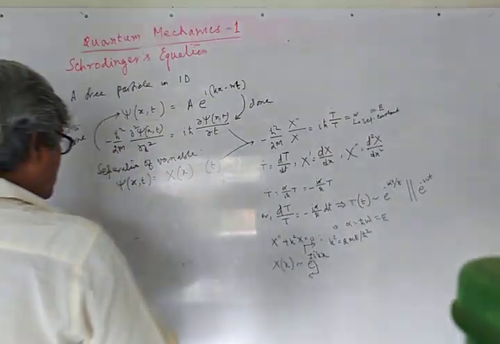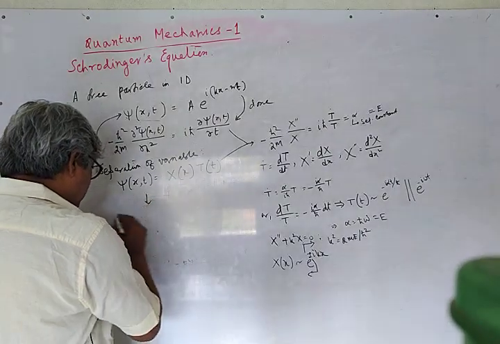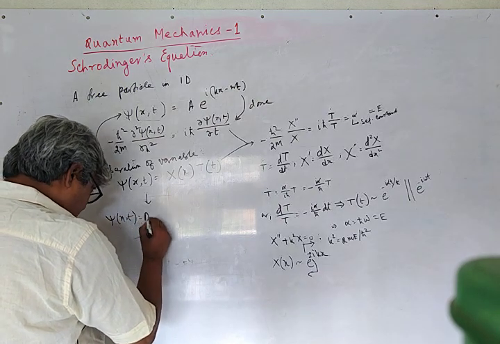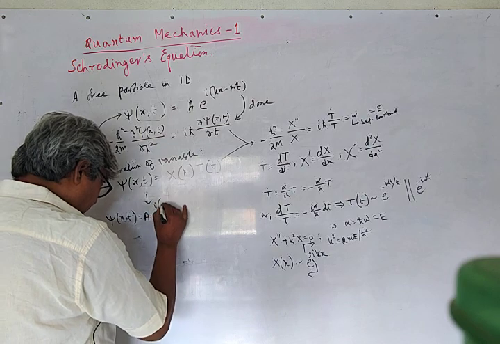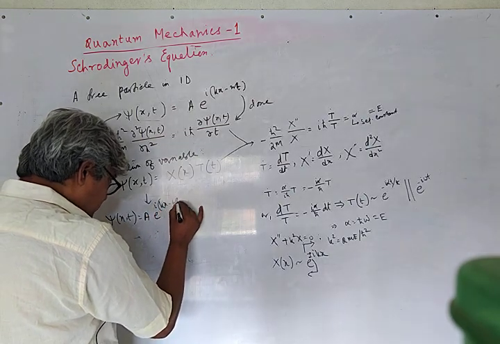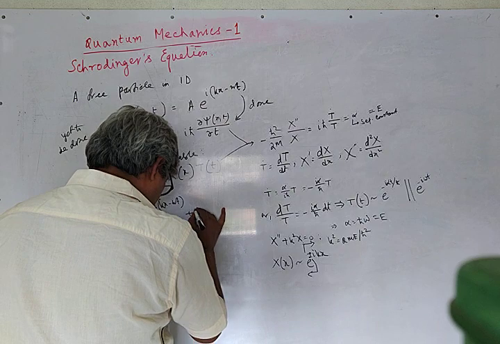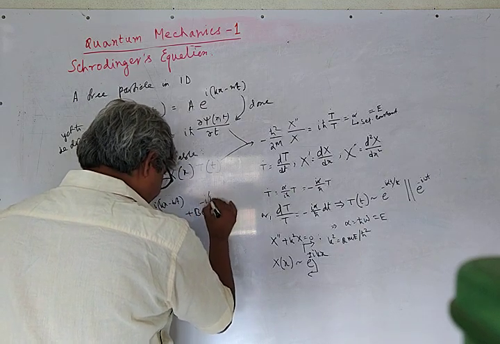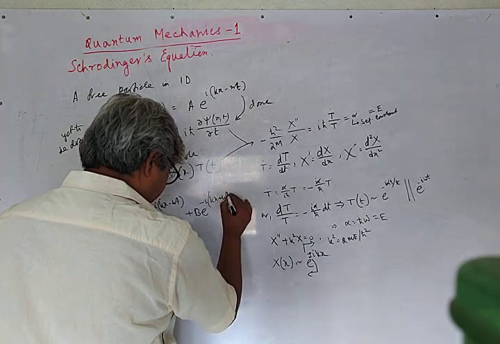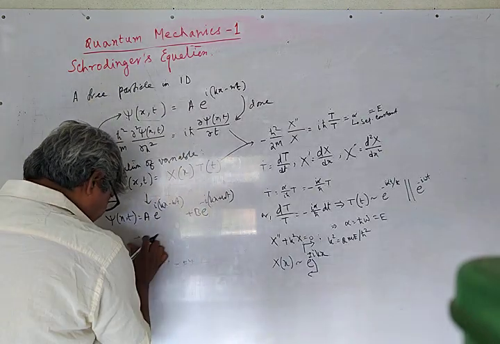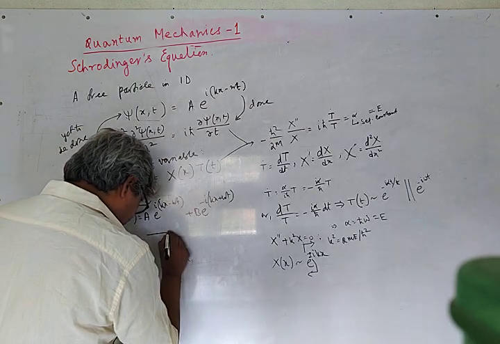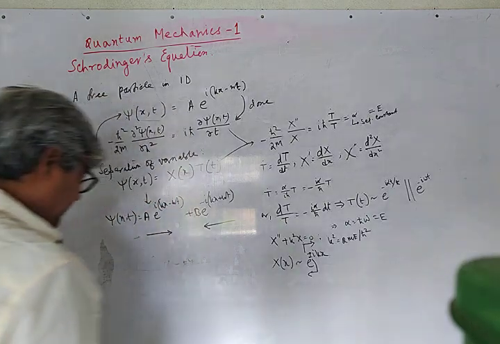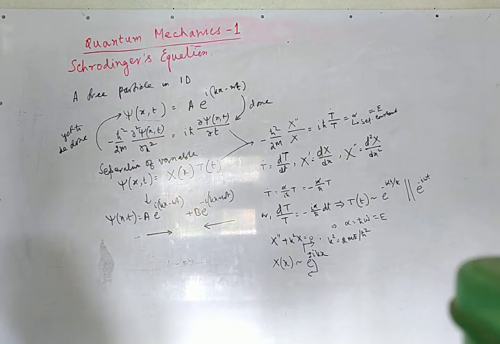So from here we come to the solution that psi of x,t is equal to A e to the power i(kx minus omega t) plus B e to the power minus i(kx plus omega t). This represents a plane wave traveling along the positive x direction, and this represents a plane wave traveling along the negative x direction.